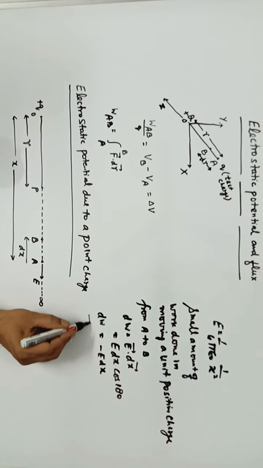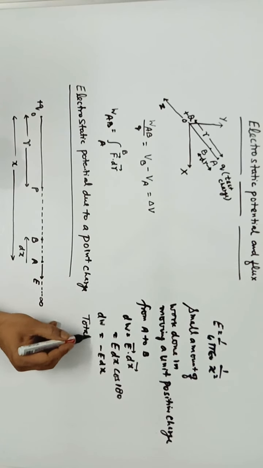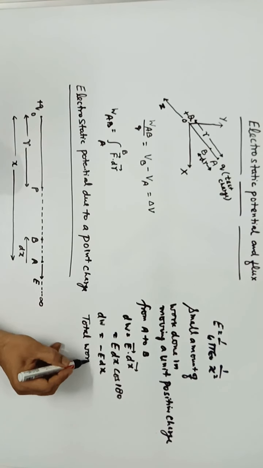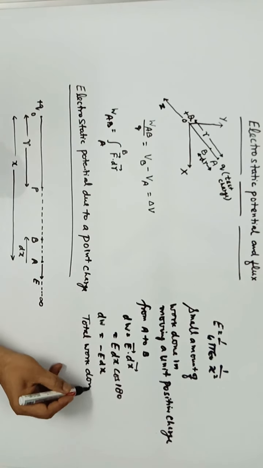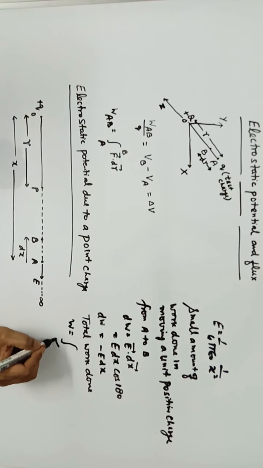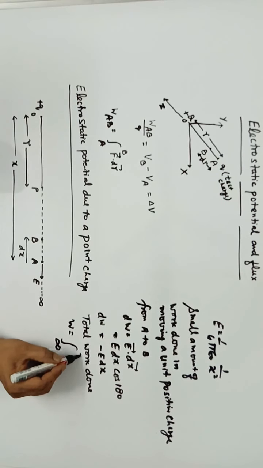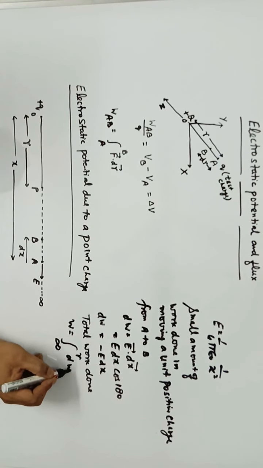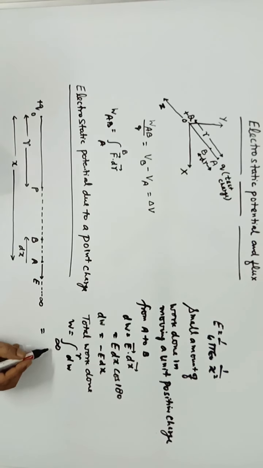So the total work done, W is integral from infinity to r of dW, which is integral from infinity to r of minus E dx.